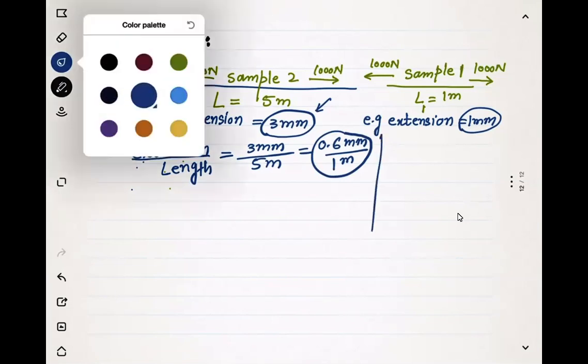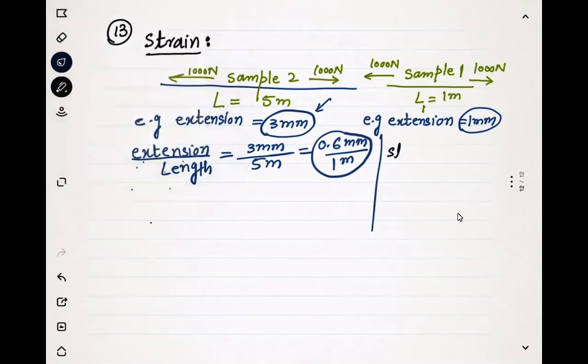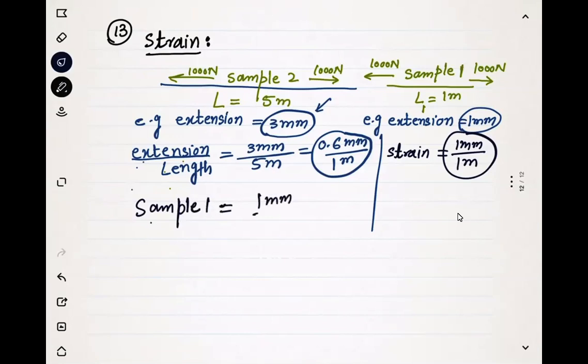In the second case, if we calculate this same quantity, strain, what we get without converting the units is 1 millimeter over 1 meter. Now you see sample 1 extends by 1 millimeter over 1 meter, and sample 2 will extend by 0.6 millimeter over 1 meter.